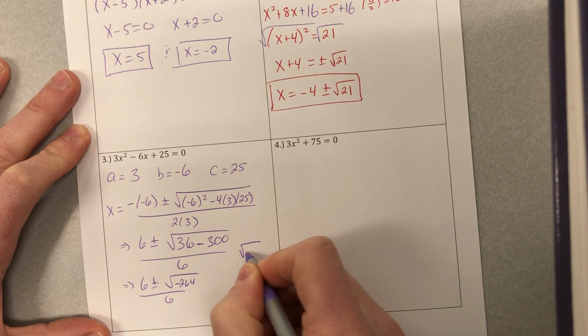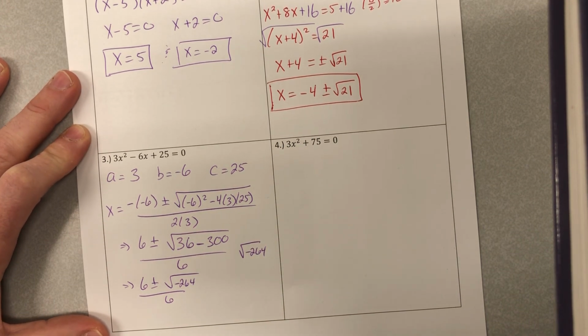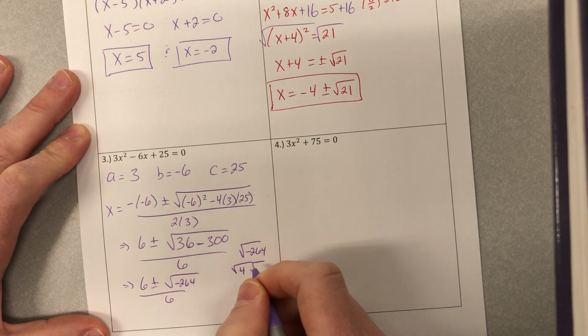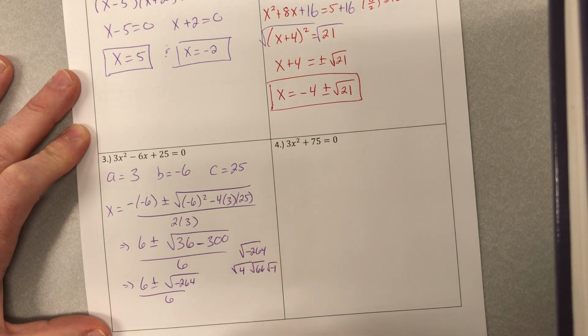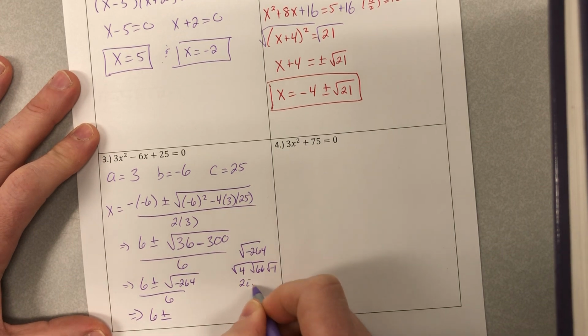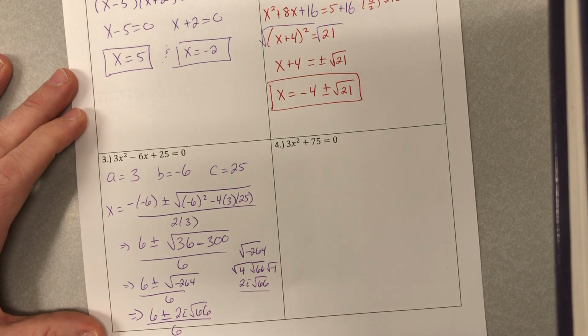And now we need to simplify the square root of negative 264. When we do this, this will be the square root of 4 times 66 times negative 1, which will give us 6 plus or minus 2i times the square root of 66, all over 6.